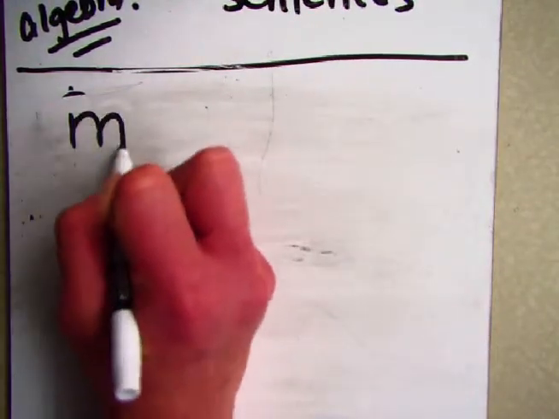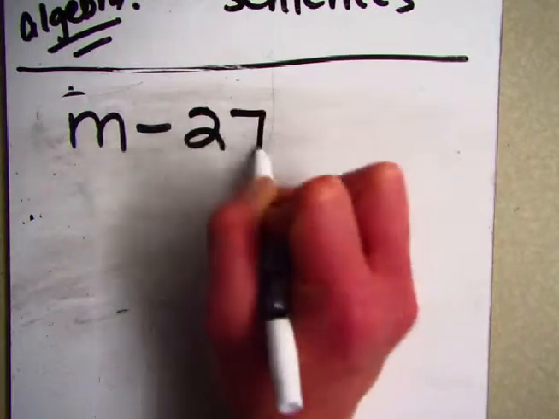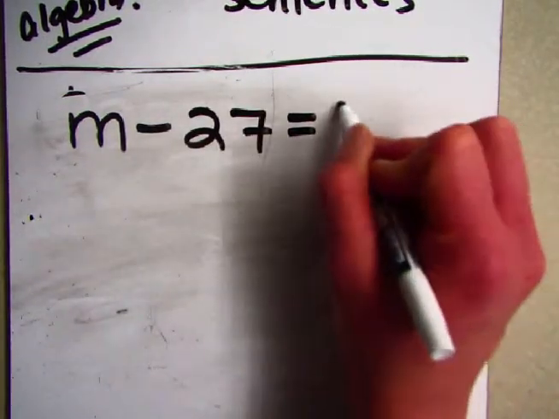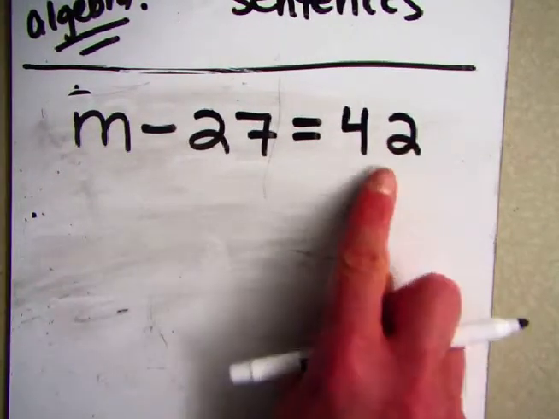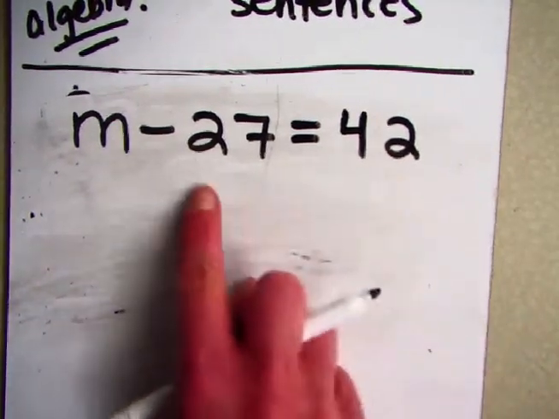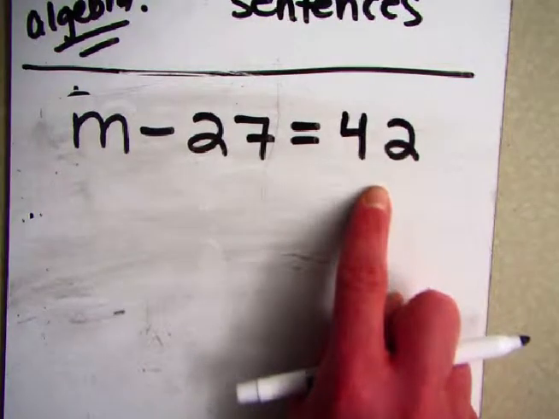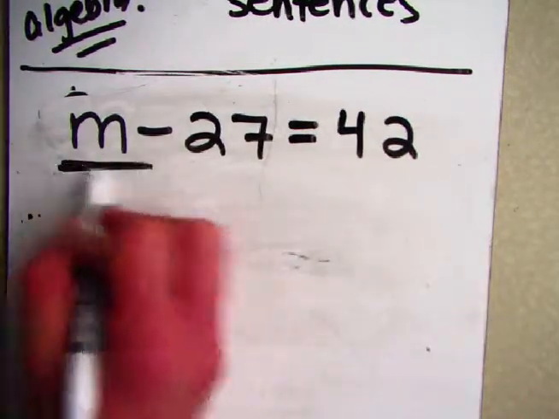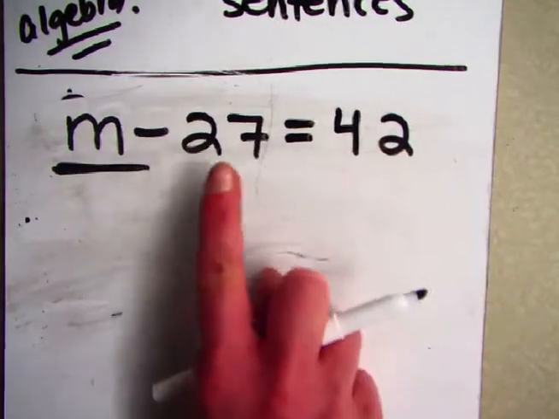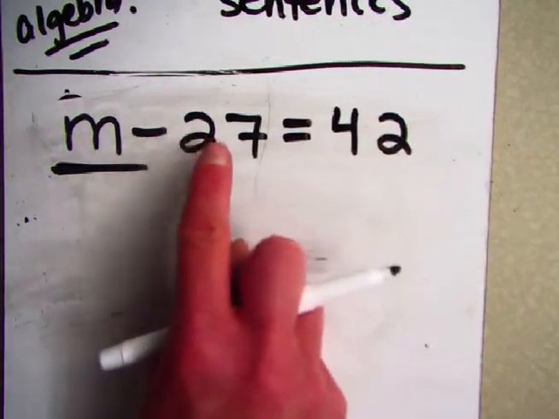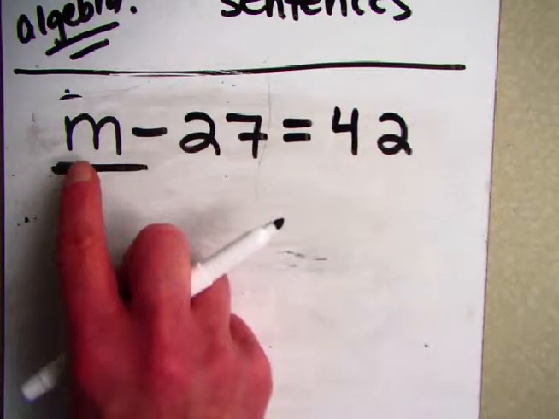Now be careful, this doesn't work all the time. For example, if I had this, I cannot bring this over to subtract because I know that this is going to have to be a way bigger number than my answer over here, because I'm taking this away from this.